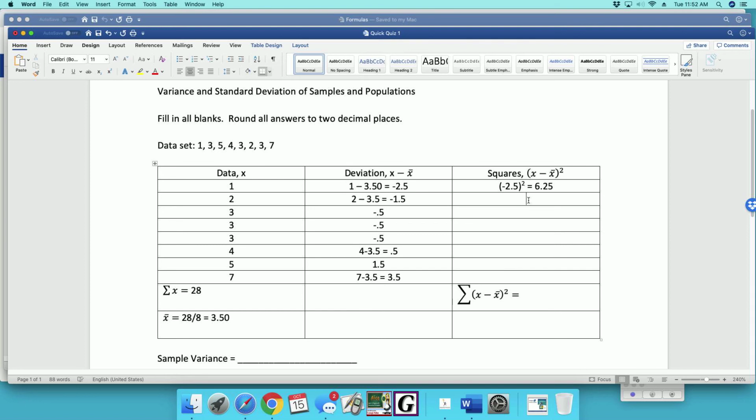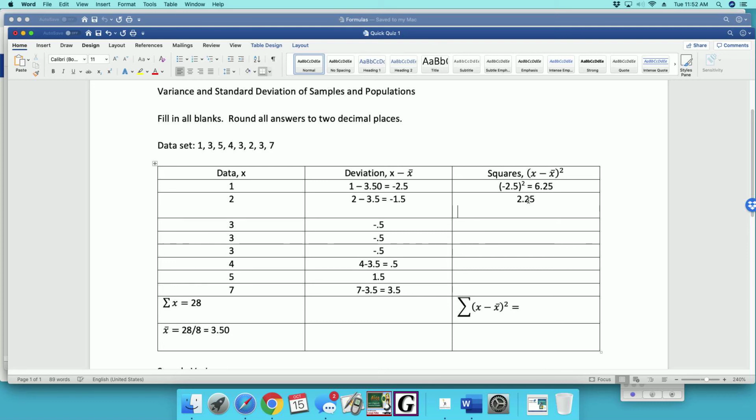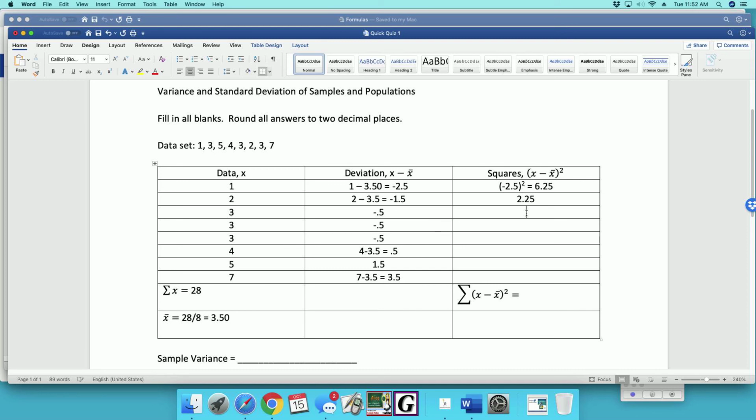And this is 2.25. Now I'm going to take my negative 0.5 and square it, and I get 0.25.